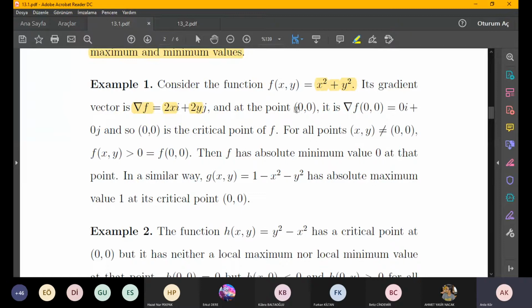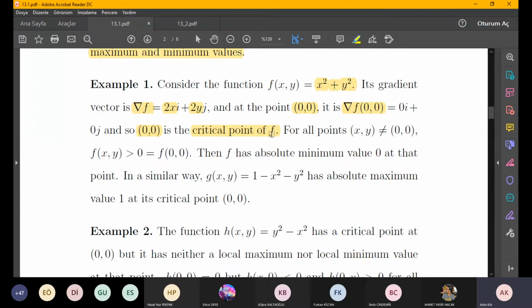As you can directly say, at the point (0,0) the gradient is equal to 0. So that means the point (0,0) is the critical point of our function x squared plus y squared, the paraboloid.